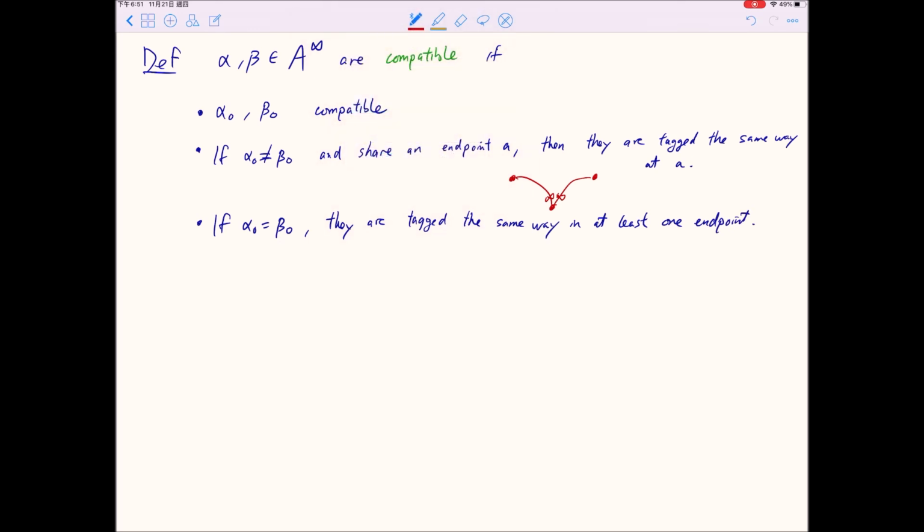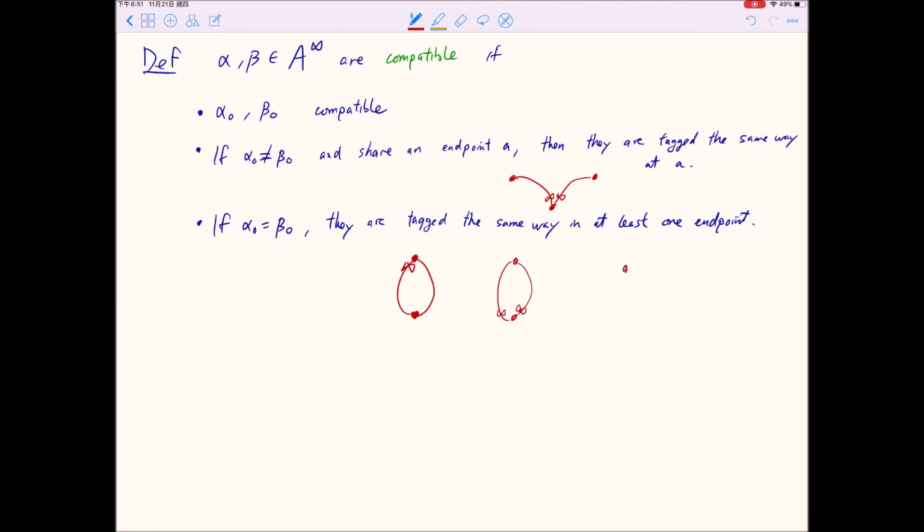So in this example, something like this. In this picture, the two arcs will have the same untagged version because everything is up to isotopy. So you're just talking about two arcs drawn between the same two points. And here it says that you should have the tagging the same in at least one endpoint. So either this or maybe this tag is okay.